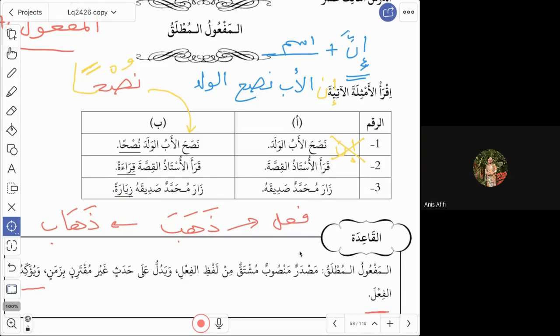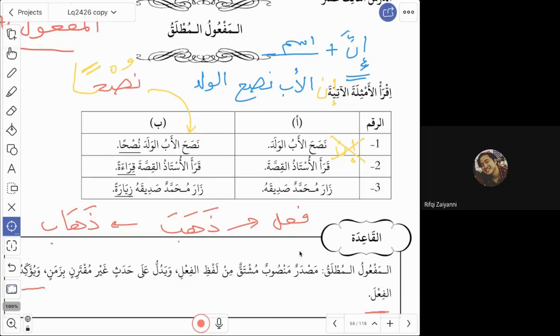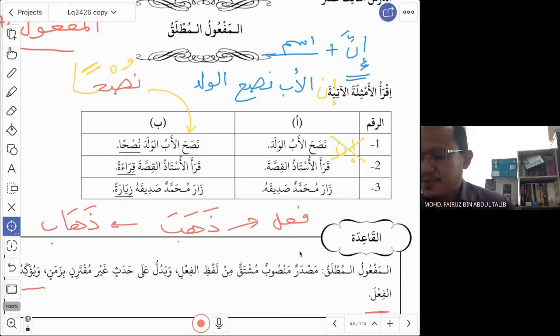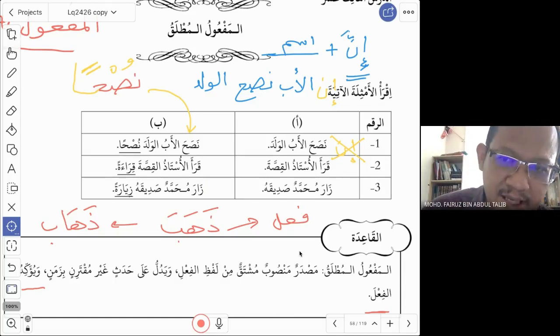Easy? No, Ustaz, not easy. So in order for us to emphasize that he has done something, we have to look up the dictionary to know the masdar for it, right? Correct. If it is a 3-letter fi'il, yes, you have to look it up in a dictionary. But if it is a 4-letter fi'il, you can refer to the lesson on masdar, where you can just form the masdar based on the wazan.